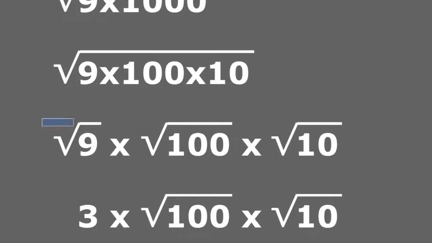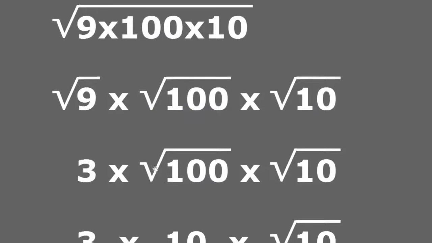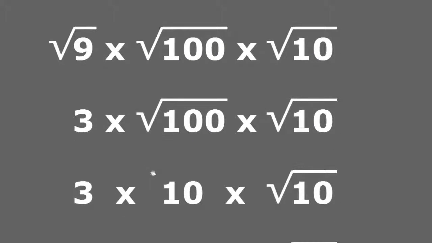Now, the square root of 9, we saw earlier, equals 3. The square root of 100 equals 10. 10 squared, 10 multiplied by 10 equals 100, so the square root of 100 equals 10. The square root of the number 10 is not an integer. Therefore, I'm not going to change it. I'm just going to keep it as the square root of 10.